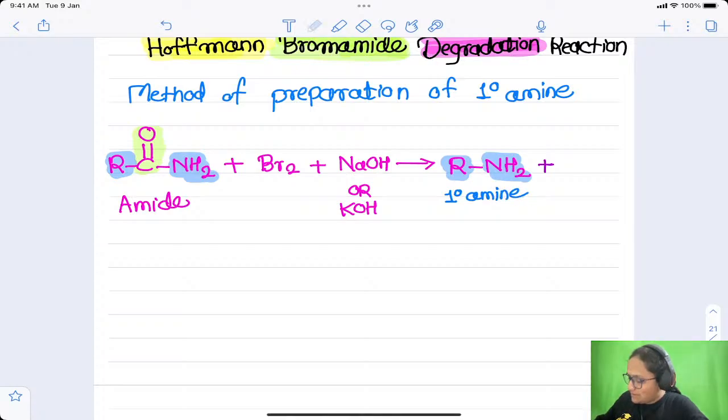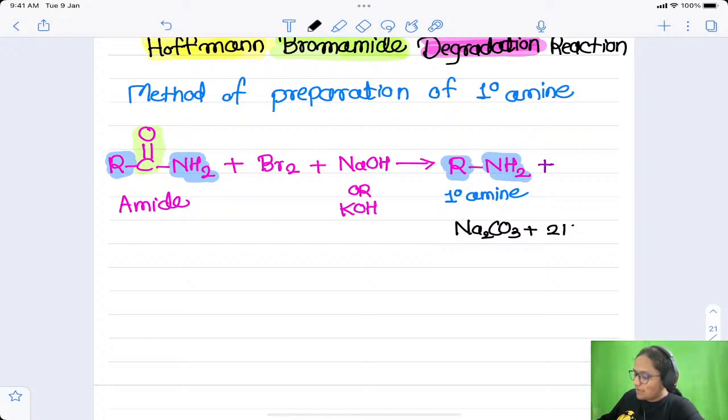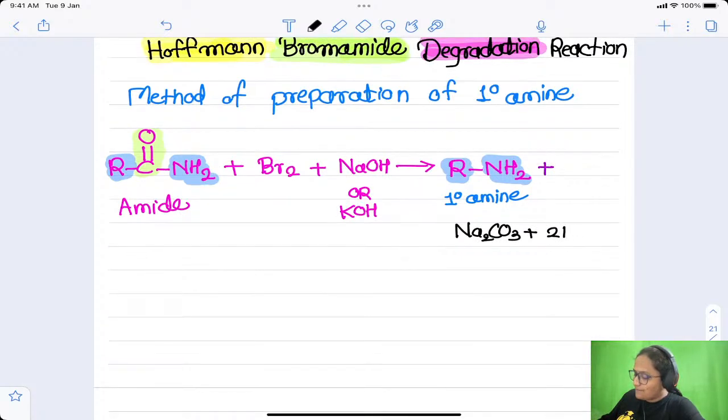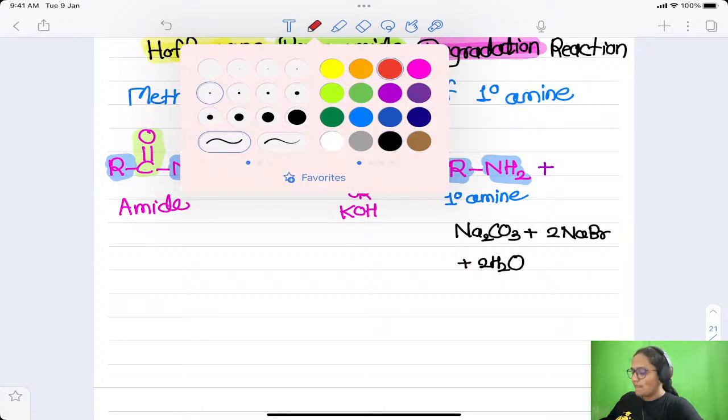Apart from that, the byproducts are sodium carbonate if using NaOH, or potassium carbonate if using potassium hydroxide, plus NaBr or KBr plus 2H2O. So these are the side products, and the main product is RNH2.